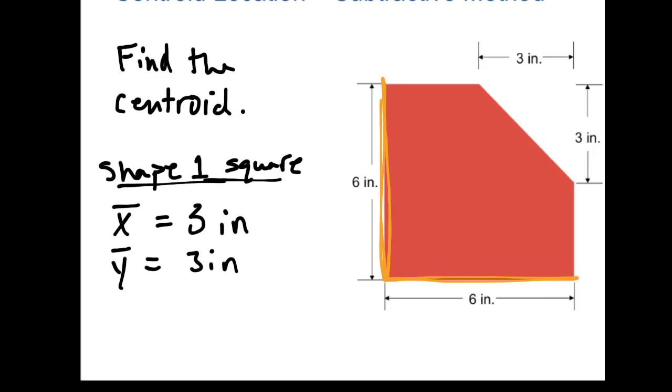Now I don't have a z bar, so that's pretty much it for that. And then the area of shape 1. The area of a square is length times width, or base times height. We're considering the whole entire thing, so that would be 6 times 6, that's 36 inches squared.